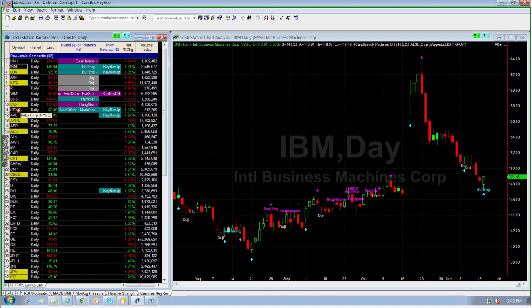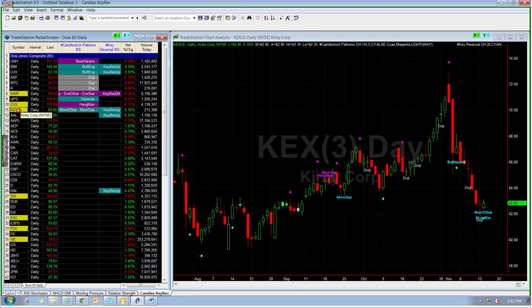What else do we have here? So here, Kirby Corp, I don't really know what they do, but they have two bullish candle patterns, which are very similar, and a key reversal up. So it's pretty cool. Think about it for a second.